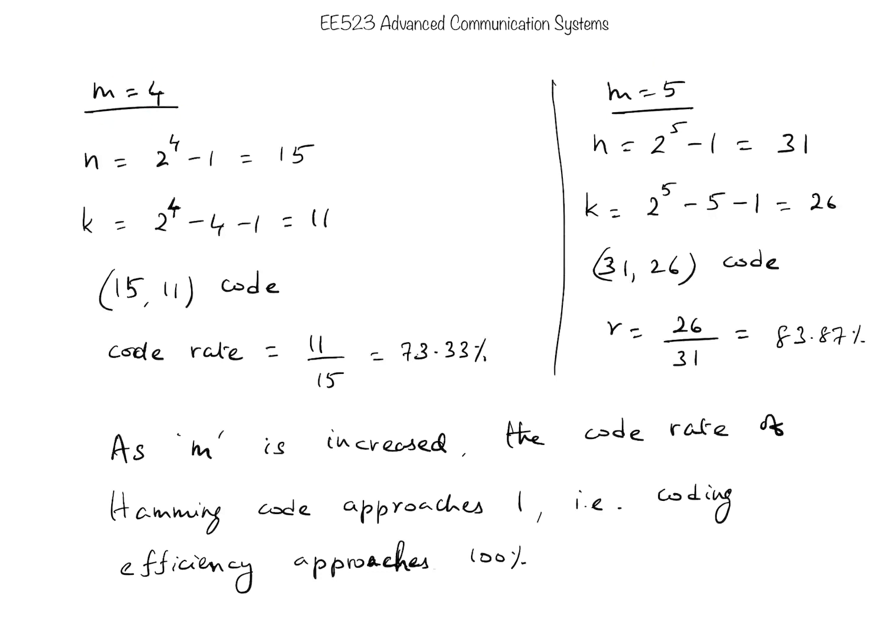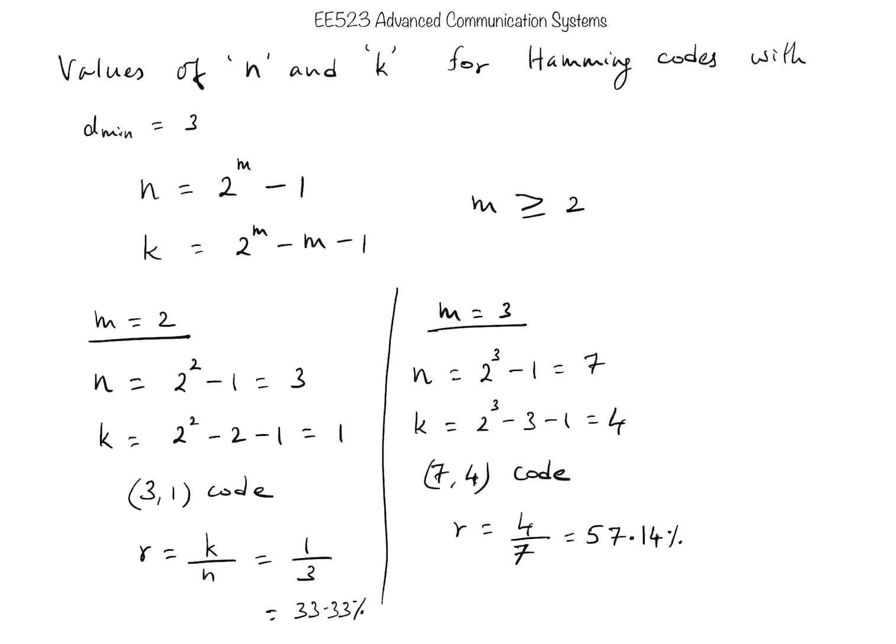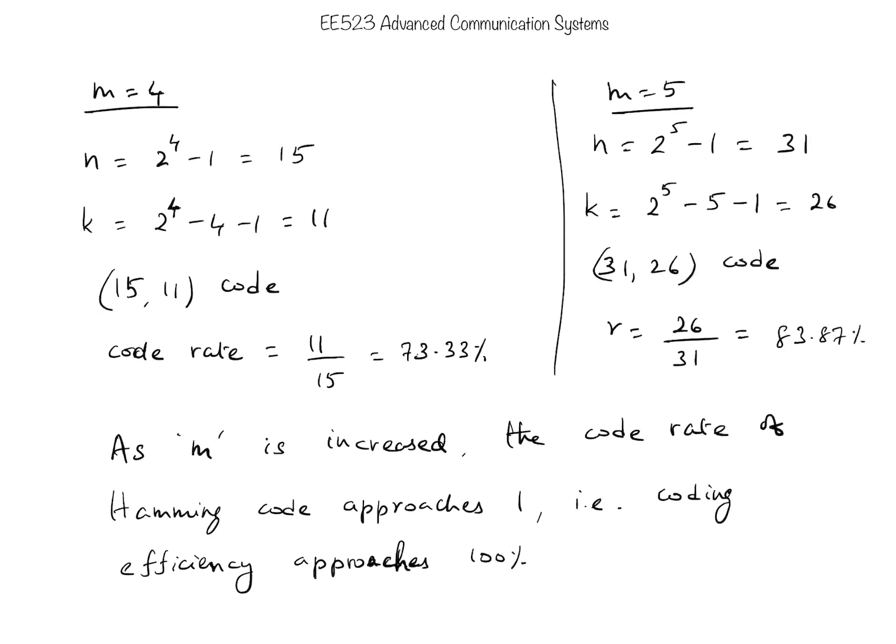Okay, so these are the possible combinations that you can have for n and k for a Hamming code. Okay, it can be a (3,1) code or (7,4) code, and we have seen the (7,4) code in quite a bit of detail, and it can otherwise be a (15,11) code or a (31,26) code, and so on.